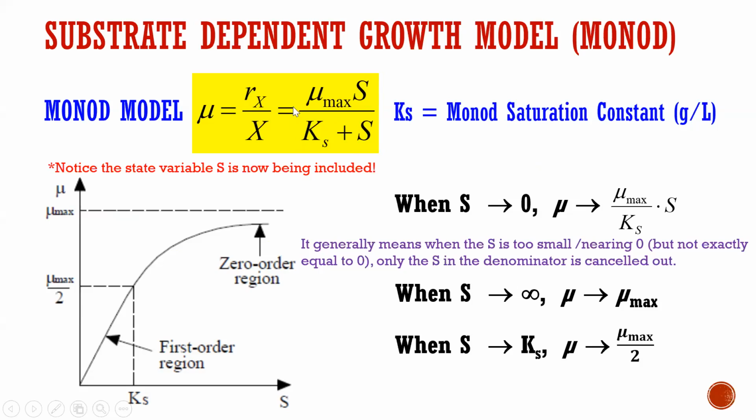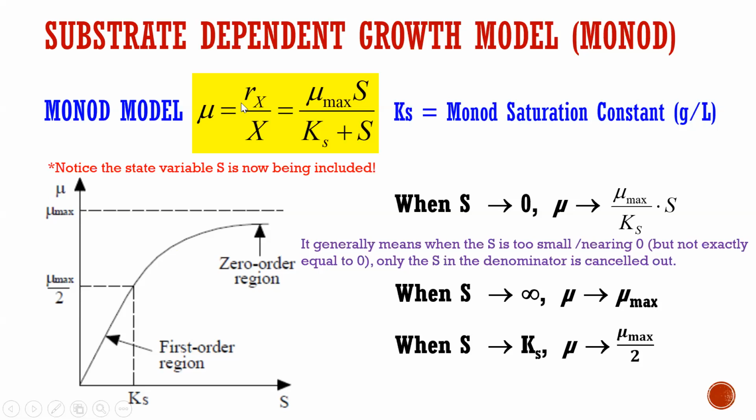Yeah, maybe at first you need to memorize it, but after you understand the concept, it's not really difficult to remember this, right? So I think you know this relationship. Mu is equal to Rx divided by X, or originally it was Rx equal to mu X. Remember from the Malthusian?